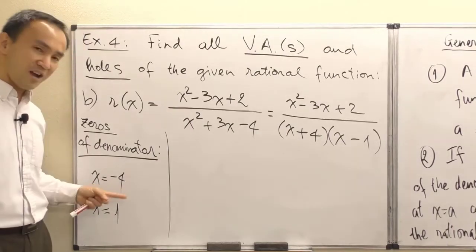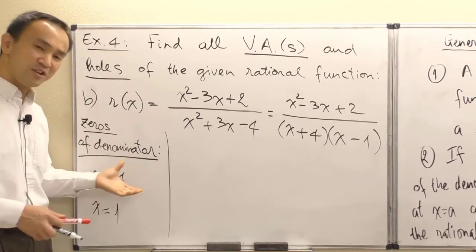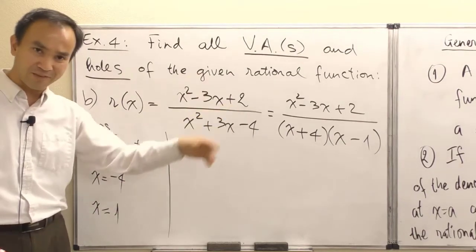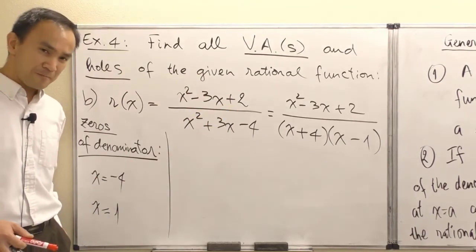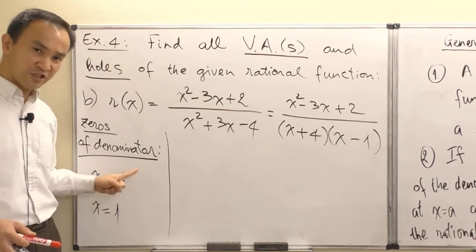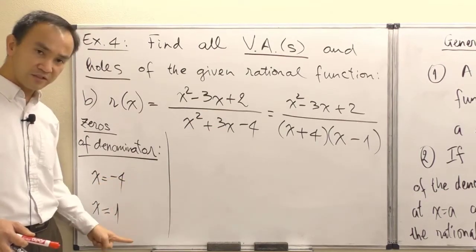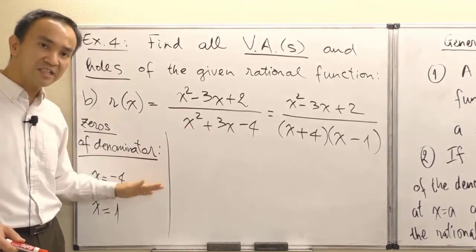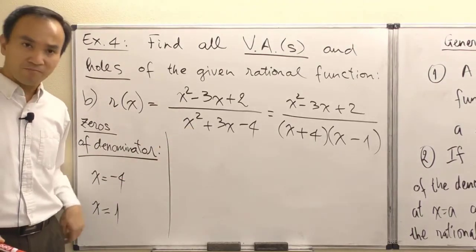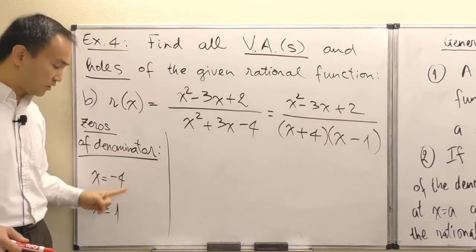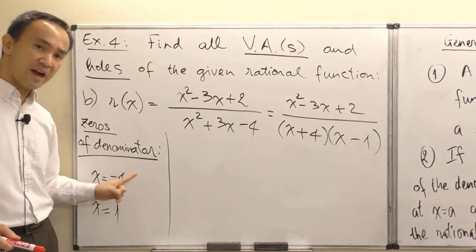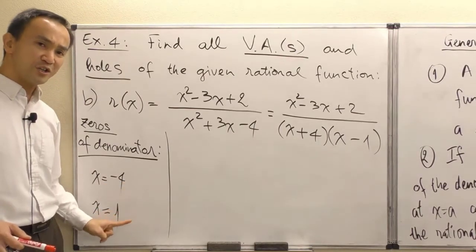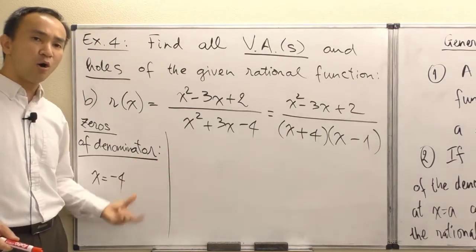So once again, I don't even have to write down that prediction step like I've done in part A, because at just these zeros, any of them can become a hole, and if it doesn't become a hole, it stays as a VA. It's simply just that. All we have to do is go through each one of our zeros in the denominator and test to determine whether it will become a hole or not.